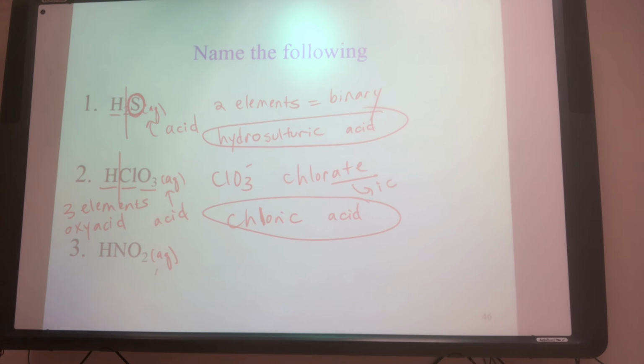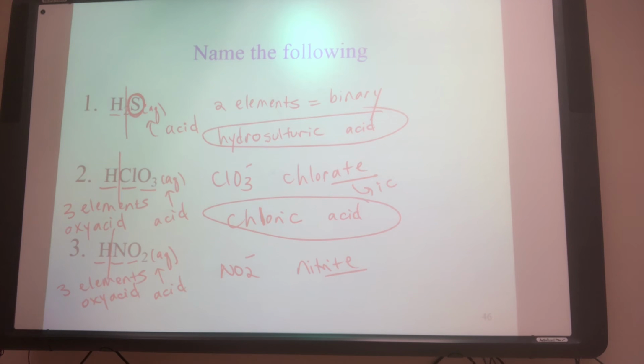All right, next one, AQ, so that means he's an acid. I see 1, 2, 3 elements. So that means he's an oxyacid. I know it's always H plus the anion, so the anion has to be NO2, which has a 1- charge. I go to my polyatomic chart, I find NO2. NO2 is nitrite, it's I-T-E.